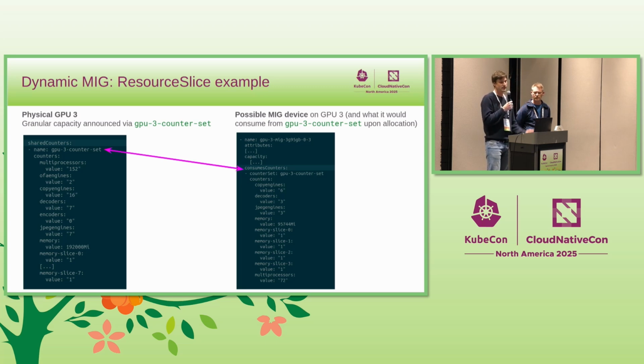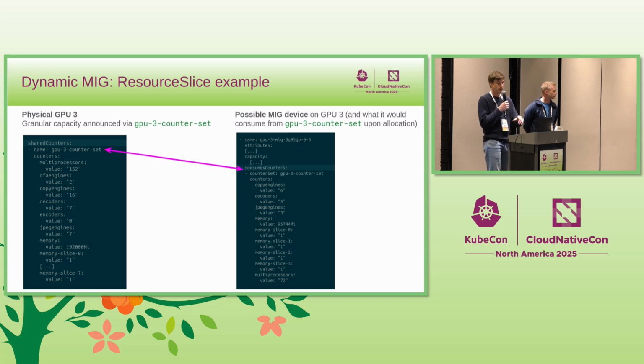On the right-hand side is a representation of a MIG device and how many of those integer count-based entities it would consume on allocation. For example, a 3G 95GB MIG device would want 72 of these 152 streaming multiprocessors.